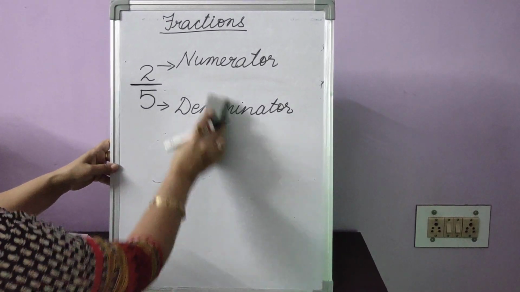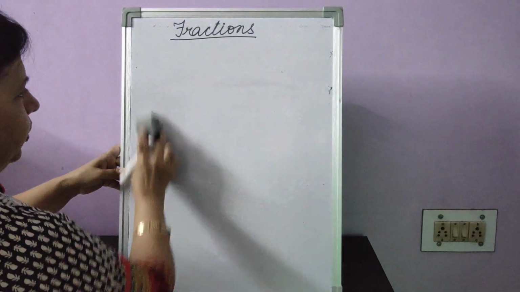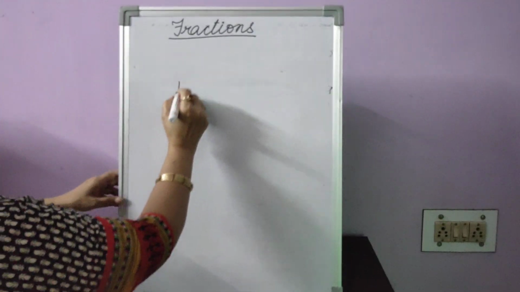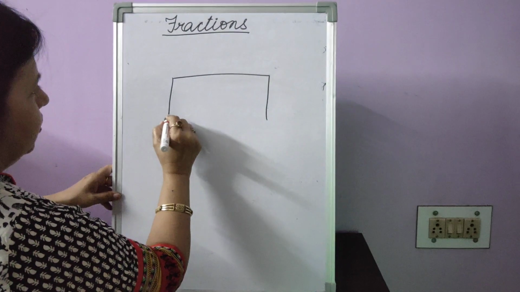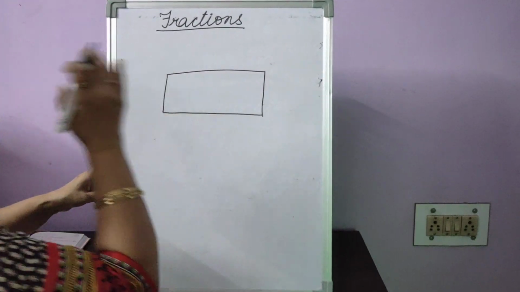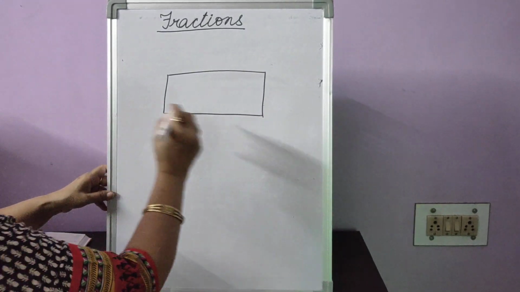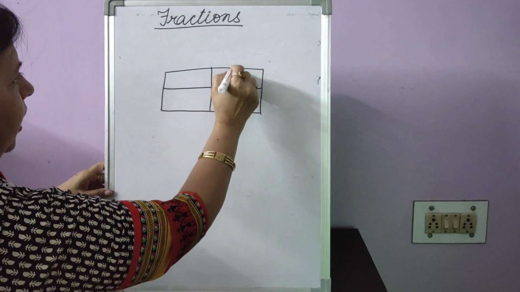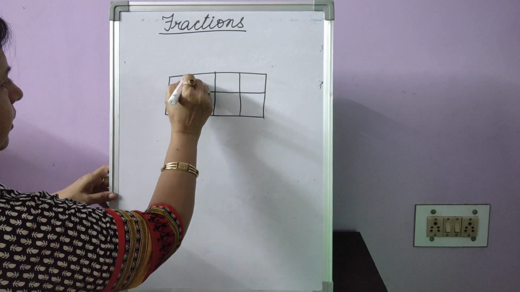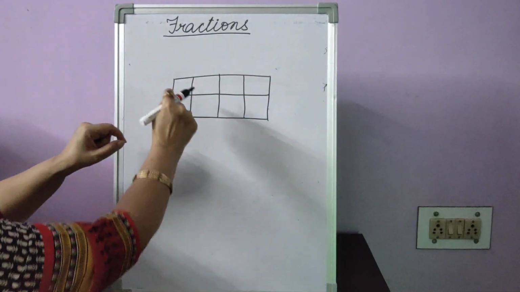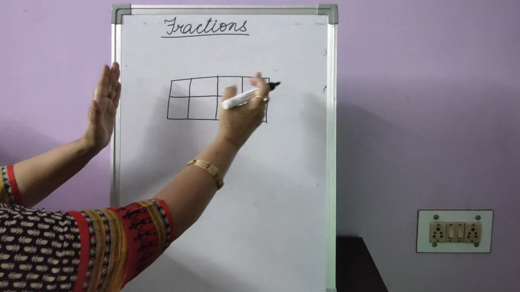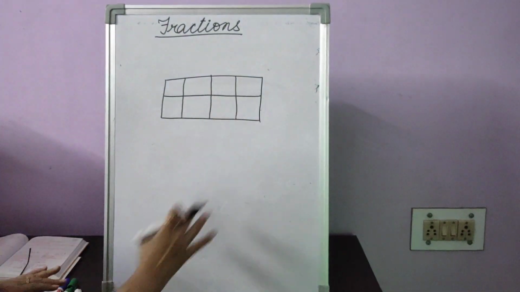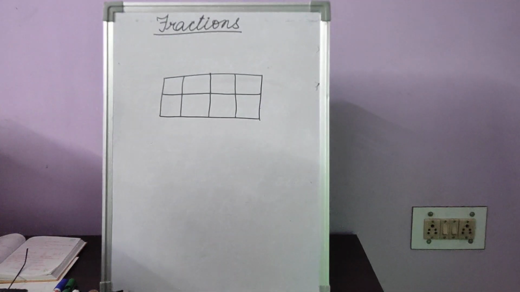In the same way, you can take any figure. Children, my lines may not be exactly accurate because I am not using a ruler, it's just freehand. I have this bar of chocolate. You know, you get these Cadbury chocolates and you have those divisions made in it. Now, this bar of chocolate has how many pieces? You can see how many pieces there are.